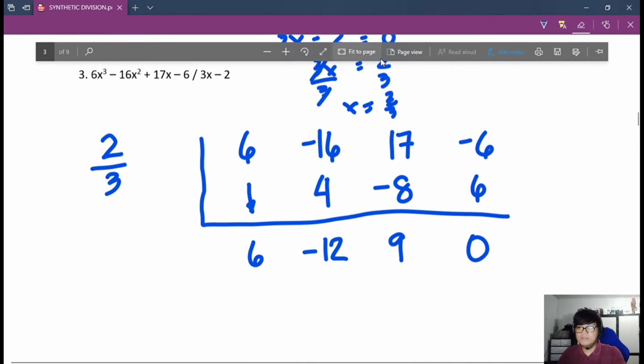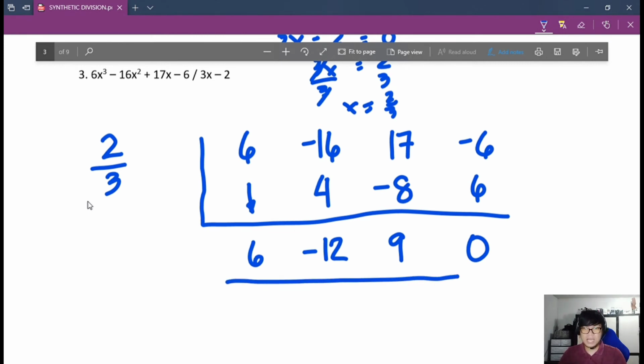Tandaan nyo, pag yung divisor natin is a fraction, so ang gagawin natin, yung numerator ng fraction na yon, i-divide natin dito sa last line. So divide tayo ng 3.